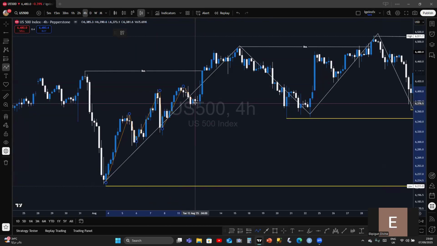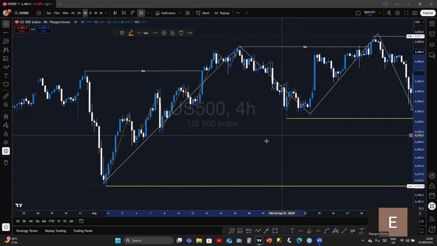You see the difference? You see its own wave, going up, going down, giving us different waves. So this one here is from the lower time frame. But this white one here, this is the main structure.